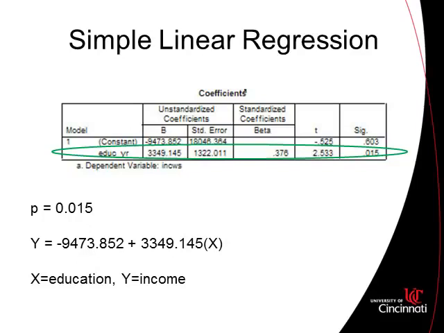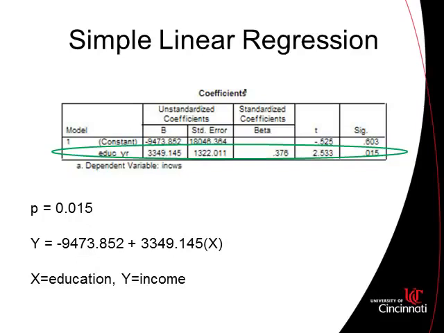And more importantly than that last table is this final table, and this gives you your coefficients. So in a simple linear regression, when we're just looking at one independent variable, our p-value is going to be the same, so 0.015. If we are looking at a more complex regression where we have several independent variables, in the ANOVA we're going to get the effect of the overall independent variables, and then in this coefficient table would be a row for each of the individual independent variables.